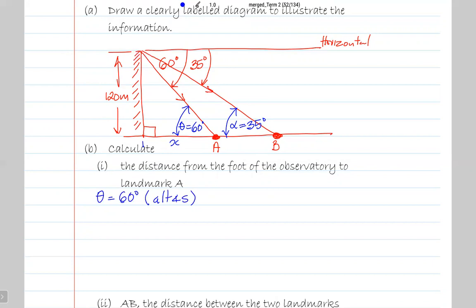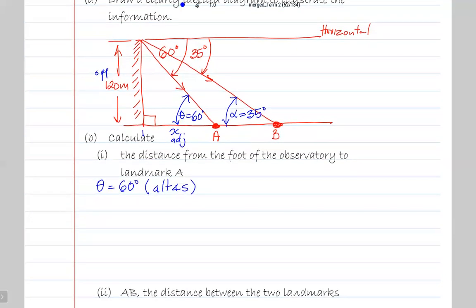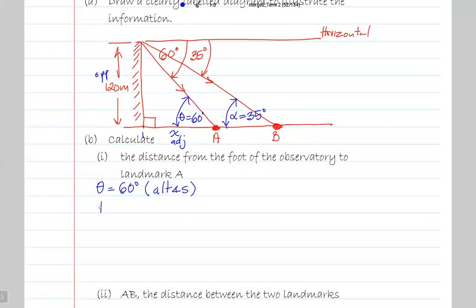Now, the 120 is opposite to the 60 degrees, and X is adjacent. The trig ratio that includes opposite and adjacent is tan. So I'm going to say tan is equal to opposite over adjacent. Then the tangent of 60 degrees is equal to opposite 120 over adjacent x.